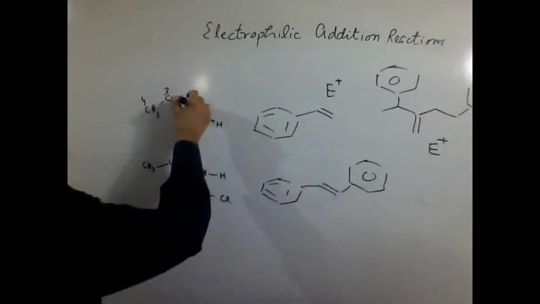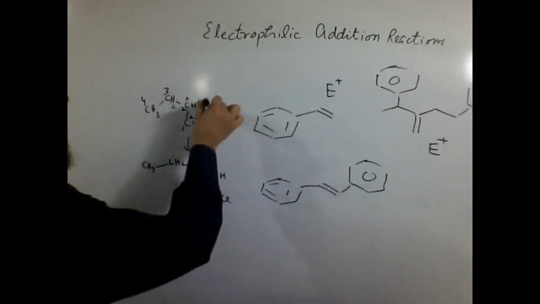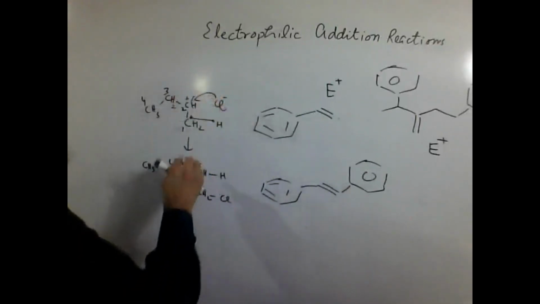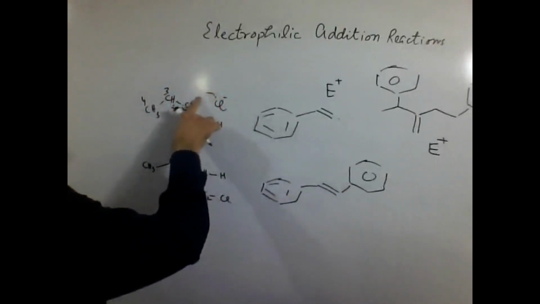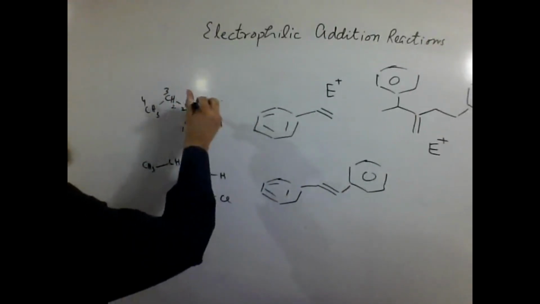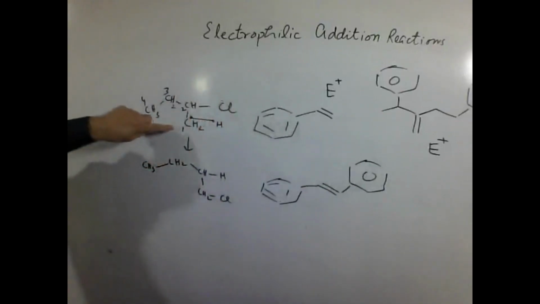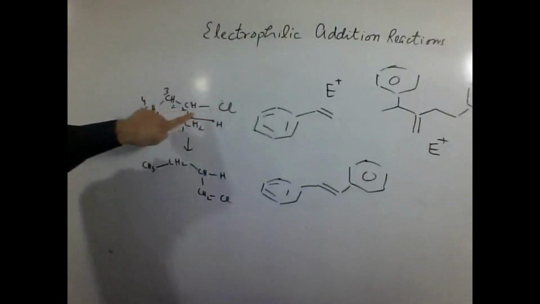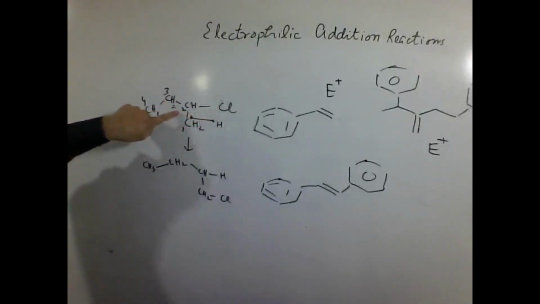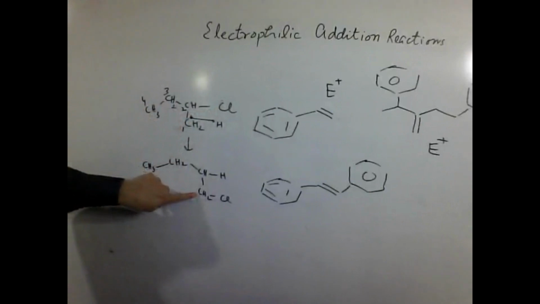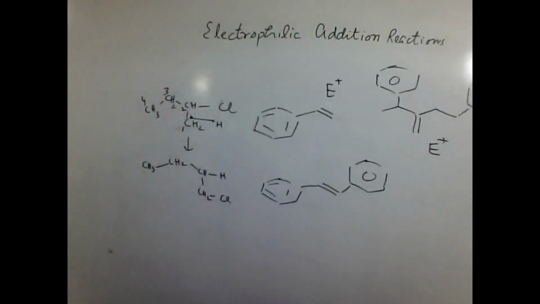Consequently this will be a positive charge, then a chloride can attack over here. Okay, so consequently what is going to happen? We will have a chloride here. So in one condition the chloride is going to be at carbon number 2, and in the other condition the chloride is going to be at carbon number 1.